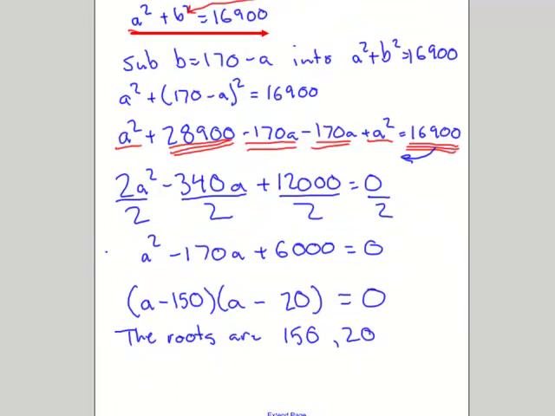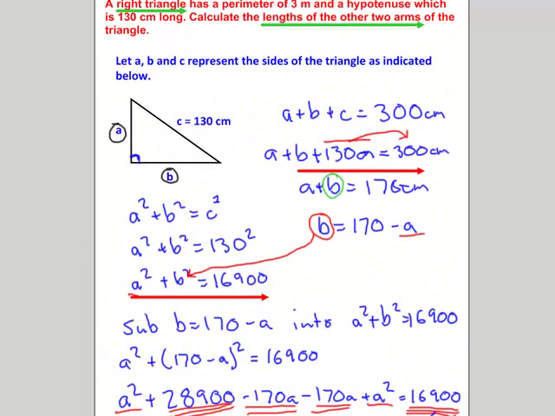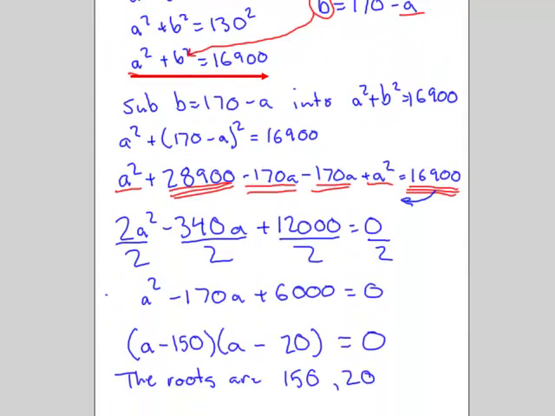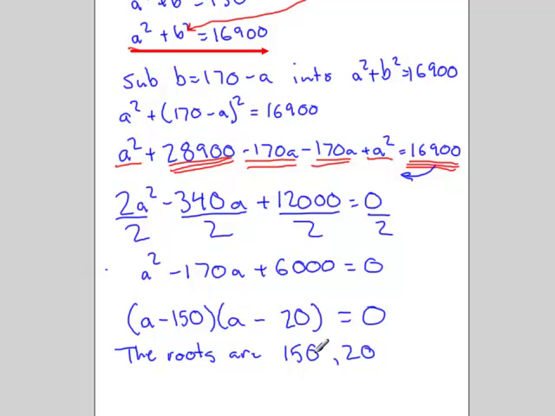Now, let's have a look at what our roots represented. Our roots represented the possible lengths of the line segment A. So, knowing that it's 150 or 20 means that one arm, A, is 150 centimeters.